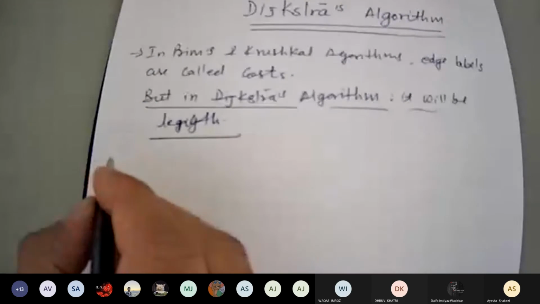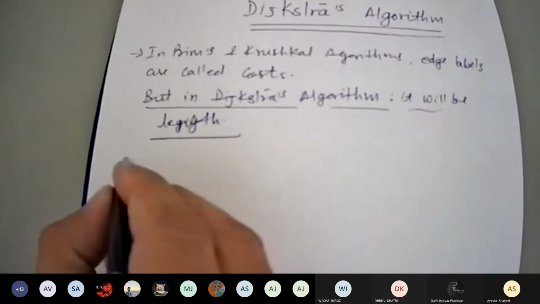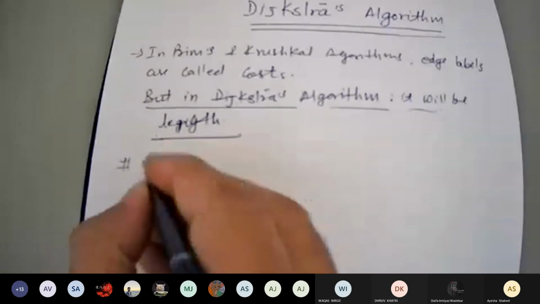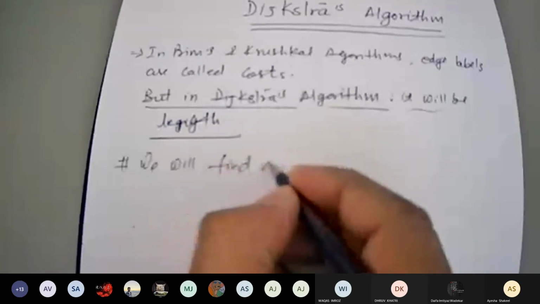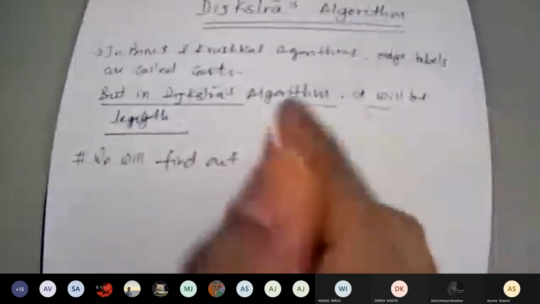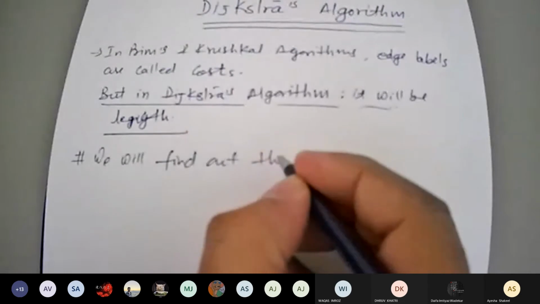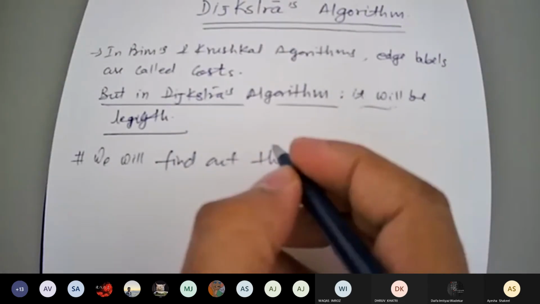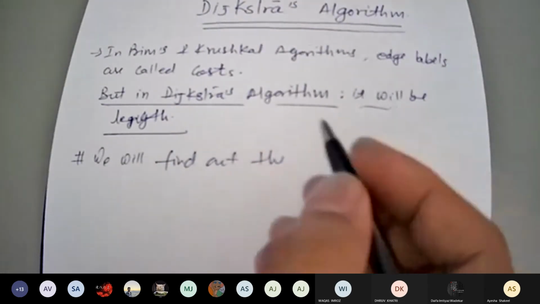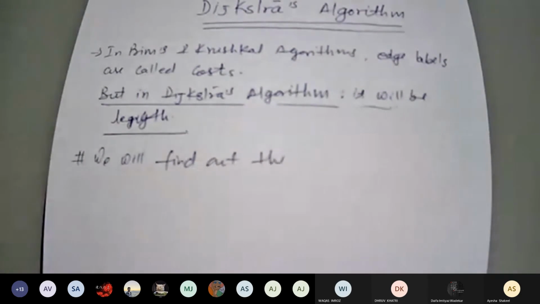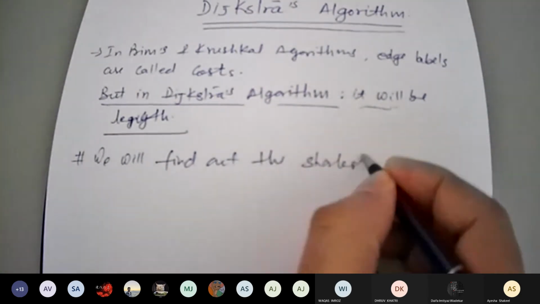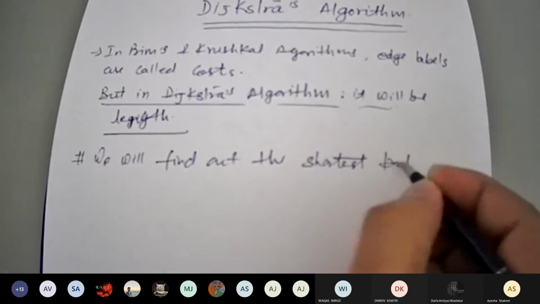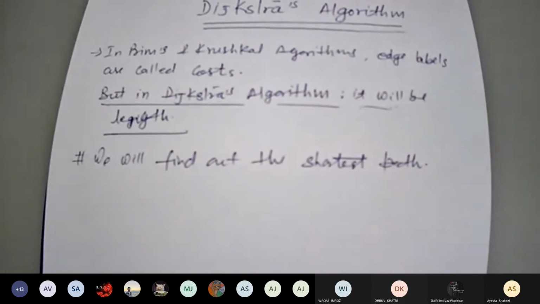But with Dijkstra algorithm, we will find out the shortest path. We'll find out the shortest path.